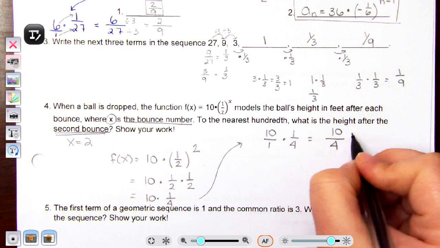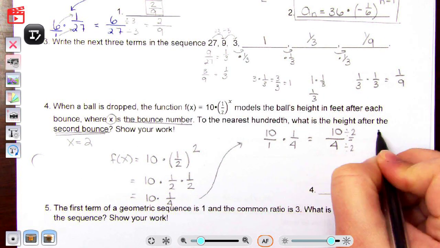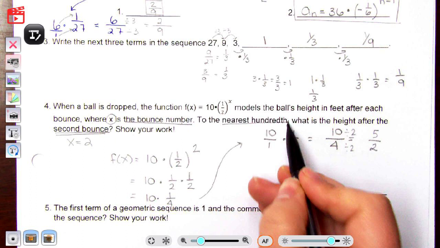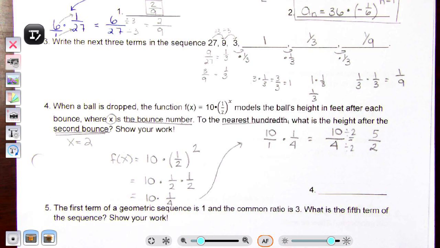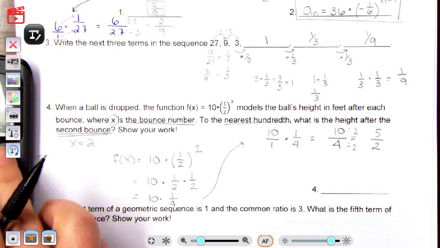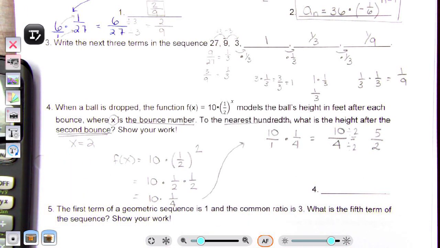This simplifies, dividing top and bottom by 2, to 5 halves. And it's asking us for the nearest hundredth, so I'm assuming we're going to be using calculators. If it wasn't asking for the hundredths place, then a fraction would be okay, but it is asking us.